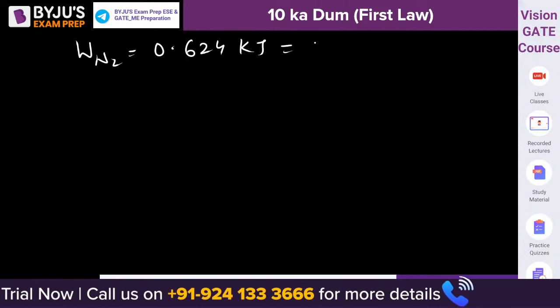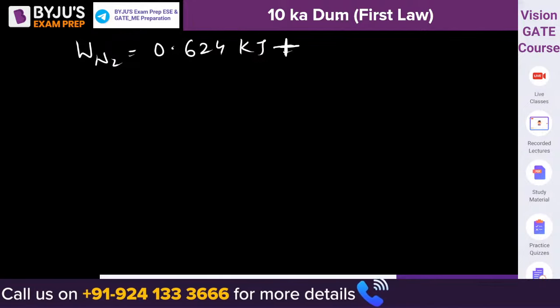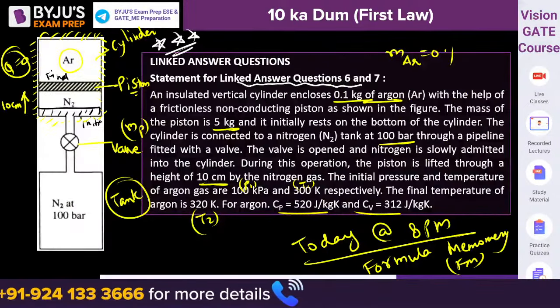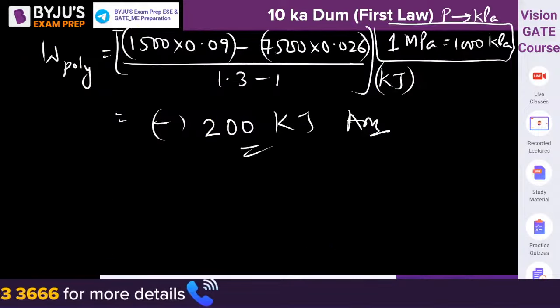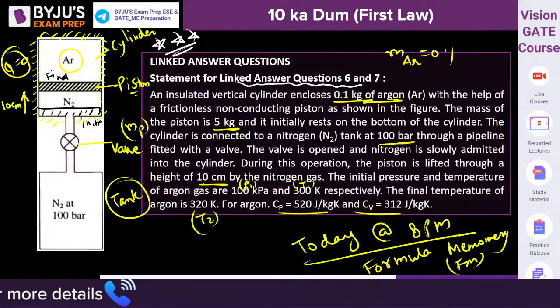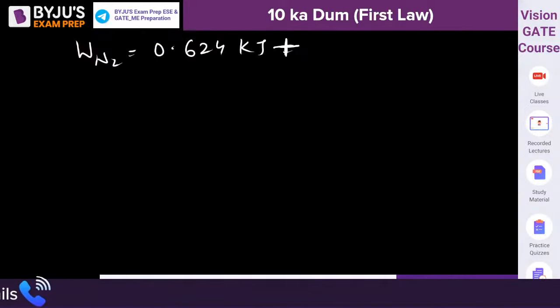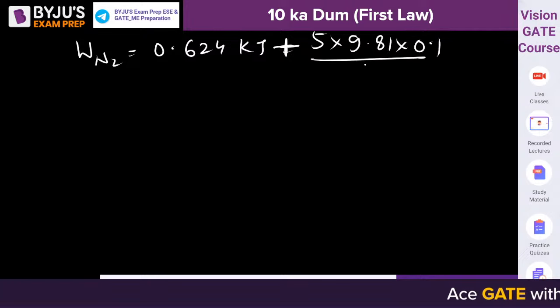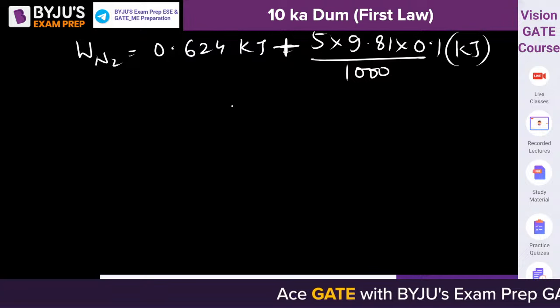So what is the mass of the piston? The piston is having a mass of 5 kg into 9.81 into 10 centimeter, that is 0.1, divide by 1000. Why? Because we want it in kilojoule.